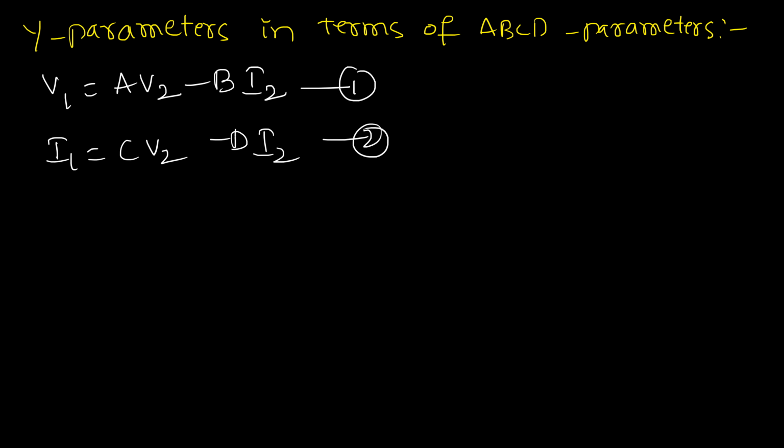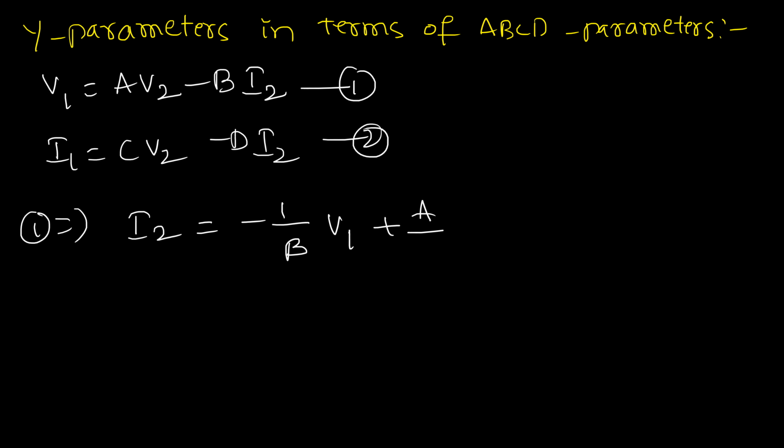Now from equation 1 we can write the I2 relation. I2 equal to minus 1 by B into V1 plus A by B into V2. Call it equation 3, because the Y parameter equations are nothing but current equations I1, I2. Let us also write the relation for I1.